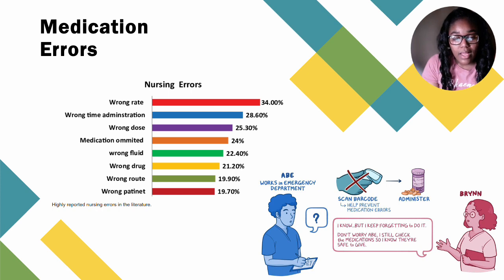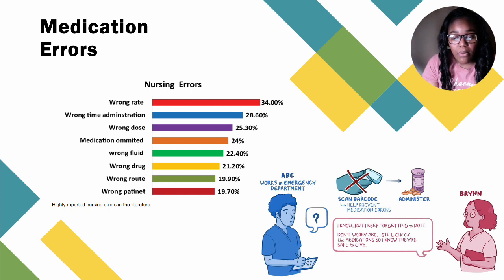As this chart notes, these are everything that we can see with a wrong patient error. So we have wrong rates, wrong time of administration, medication that has been omitted, wrong doses, wrong fluids, wrong drugs, wrong route, wrong patient. And what's at the top of this list is wrong rate, and that would apply mostly to our IV fluids and drips.